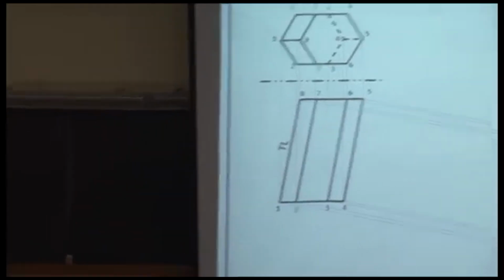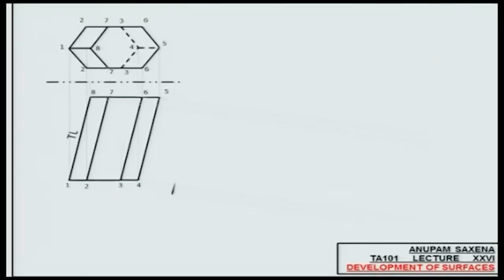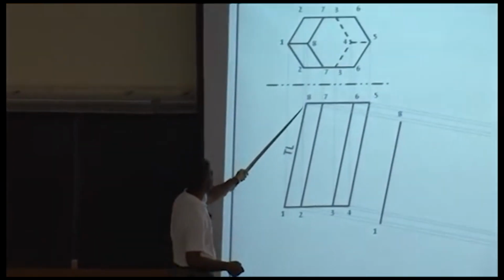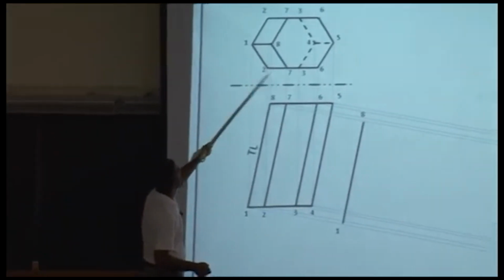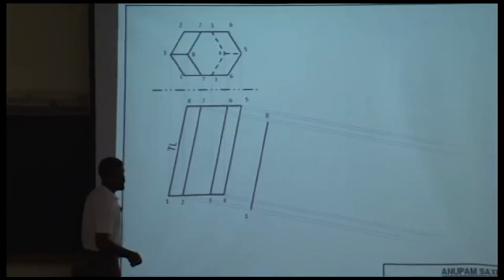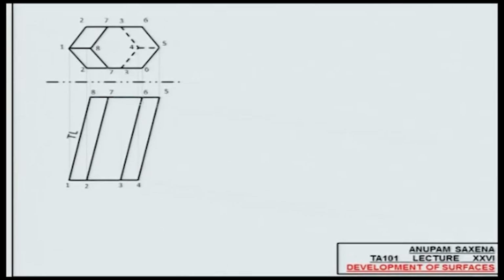Okay, so once you have figured these projections out, start with edge 1/8 and follow the connectivity. 1/8 is connected to what? So 1 is connected to 2, 8 is connected to 7, 2 and 7 they are connected. So follow this connectivity from both the views.